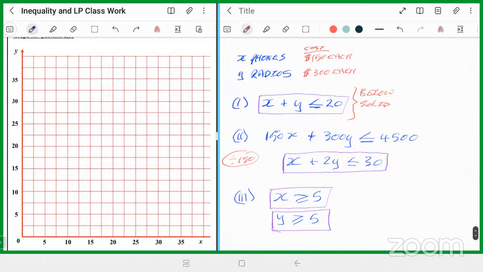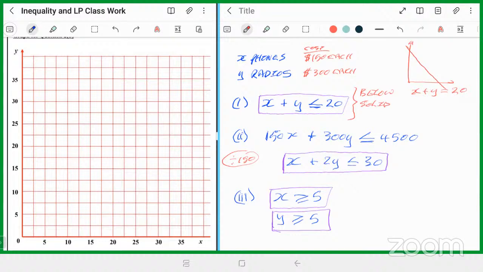So the line that I want is the line associated with this inequality, which is the line x plus y equals 20. Notice what I call an x plus y line. Let me show you quickly. You see, x plus y lines always go like so, slanting down.